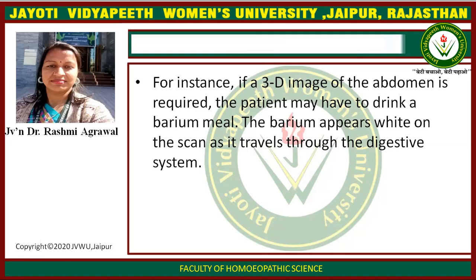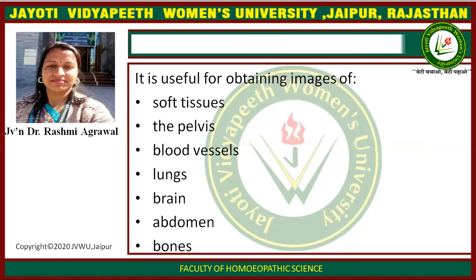So barium is also used in esophagoscopy, and if there are any anomalies, these are detected by the barium meal, also the barium enema. So in the abdominal region, a barium meal is also given, and then it clears the shadow. Then it is useful for obtaining images of soft tissue. It is used in soft tissue, pelvis, blood vessels, lungs, brain, abdomen, bones.